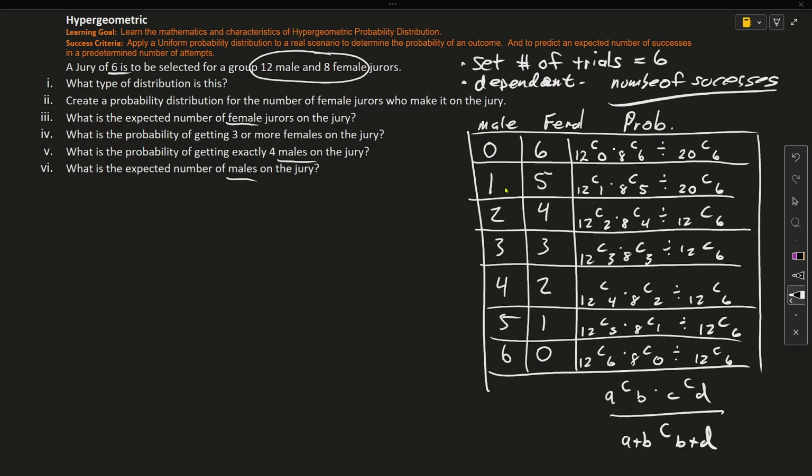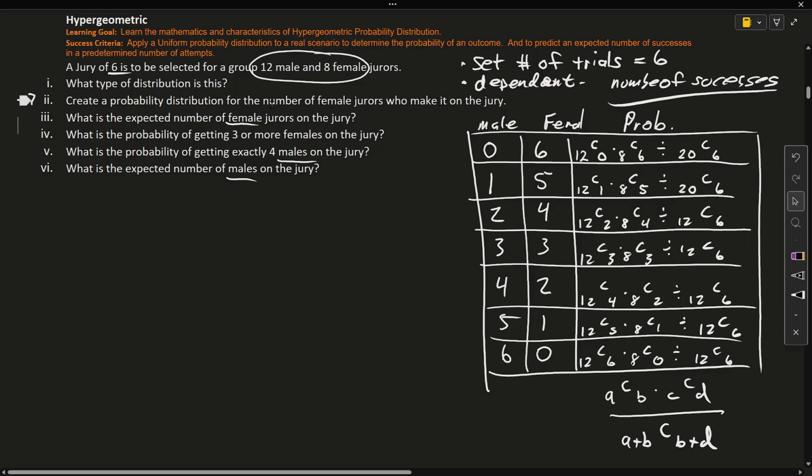I can't mix this. I can't get 1 male and 0 males, right? It just doesn't work like that. So the final jury can be comprised of one of these 7 possibilities.